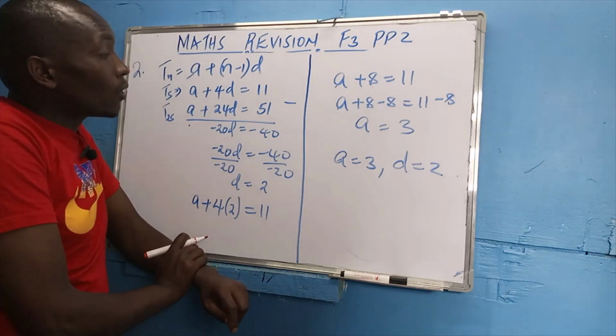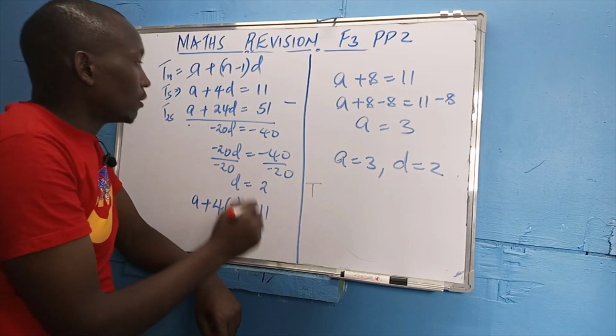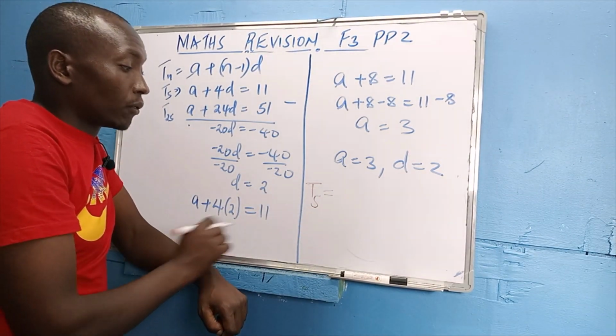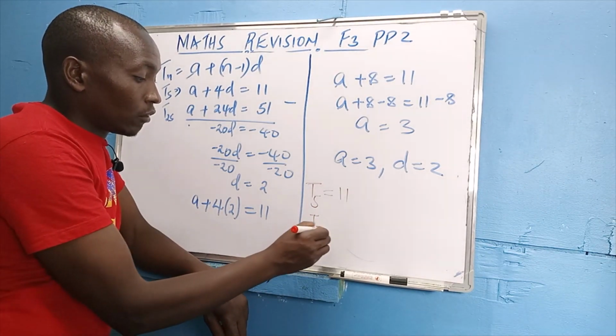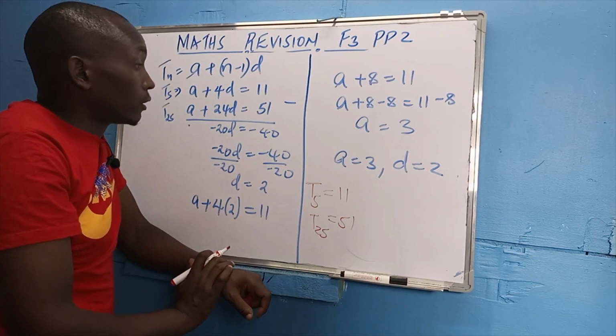Number 2, you're given that the T5 of an arithmetic progression is 11. You're also given that the T25 is 51. That's what the question says.